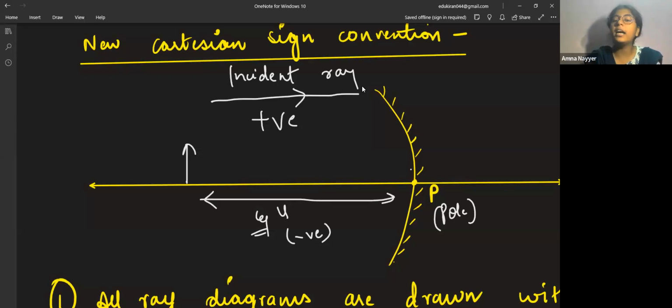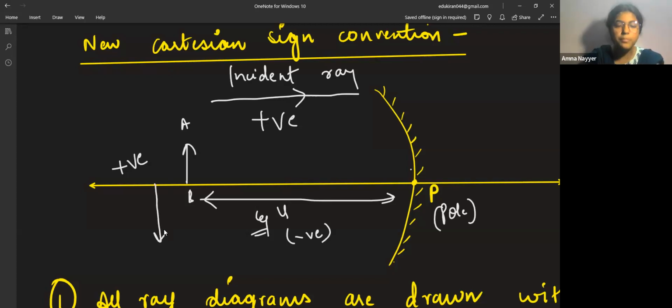One more thing, whenever we are talking about height, the previous rules are specifically for object distance and image distance, which we discussed. When we are talking about height, suppose this is an object. Anything kept above the principal axis, this is our principal axis, is taken positive. Height of image, height of object we'll be using, so that is positive.